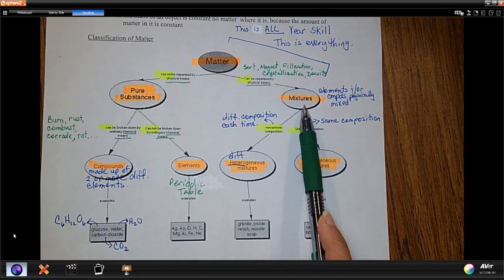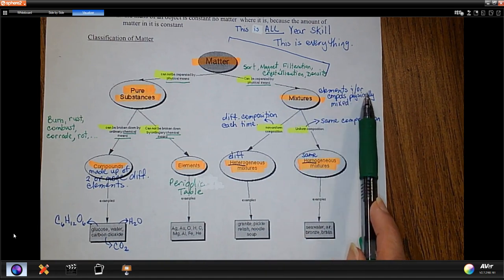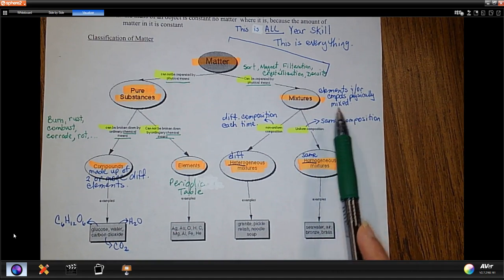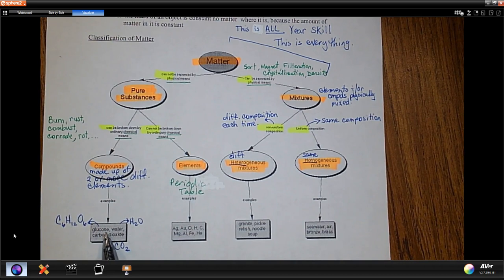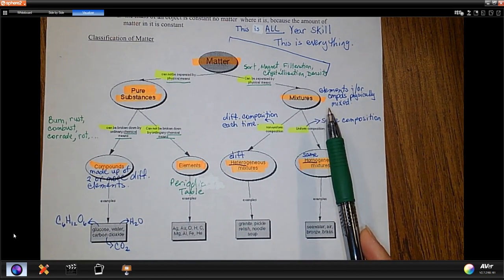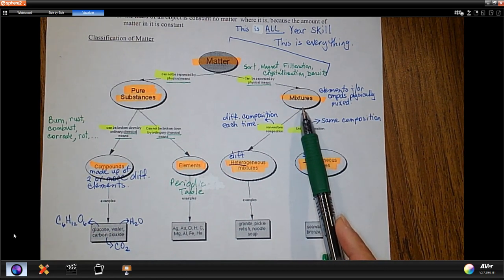So what is a mixture? Well, a mixture is elements and or compounds that are physically mixed. So you have both elements and compounds that you physically mix together to make a mixture. Okay, so within a mixture, you have two different types.